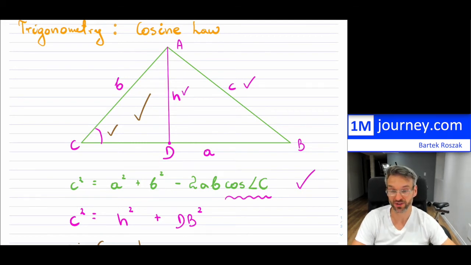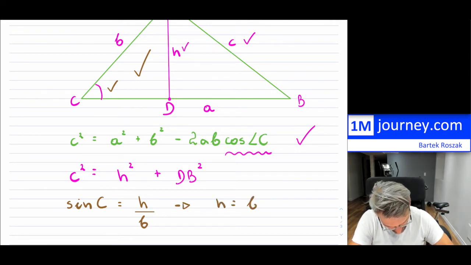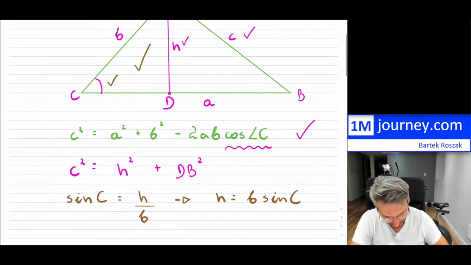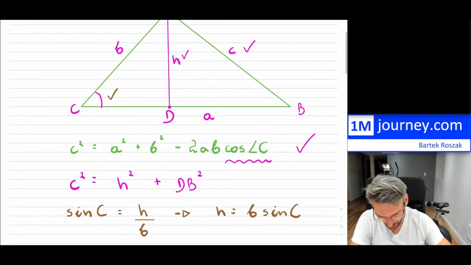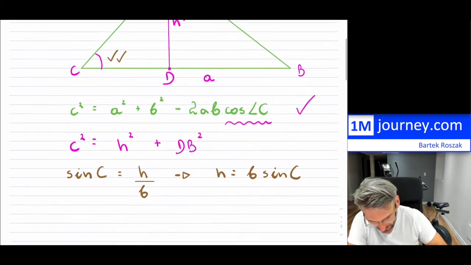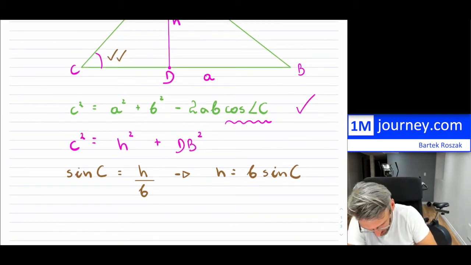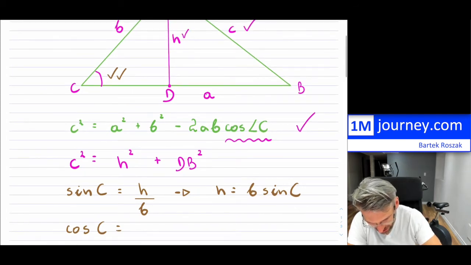So I know that that is true, which means H is simply nothing else but B multiplied by sine of that angle C. Next, I'm going to write, again, this angle, except with the cos. So cos of that angle is defined by simply the adjacent. Now my adjacent is right here.